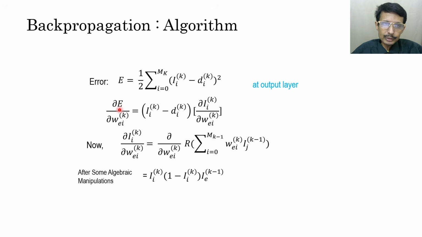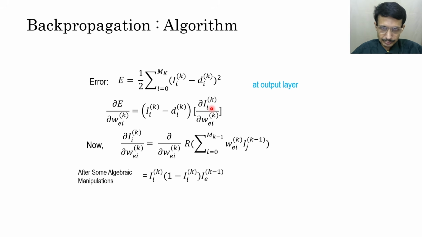Now if we take the gradient of this error with respect to the weights at the output layer, we get the following. The two cancels, and the other terms, whose derivative is zero, vanish, so this remains.